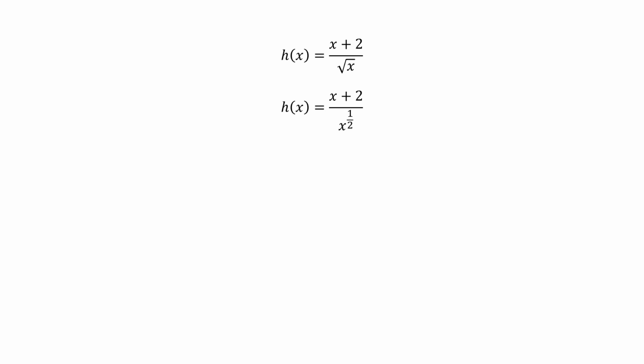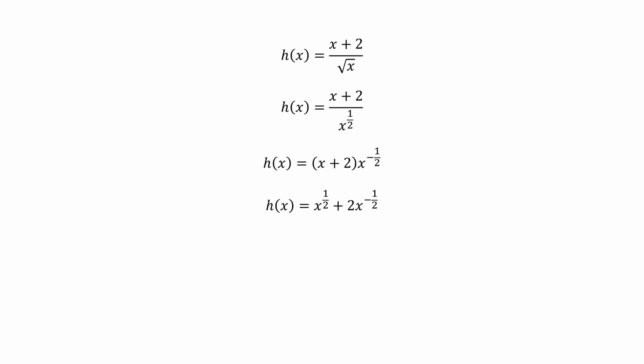We now want to rewrite the denominator using negative exponents, which gives us h of x equals (x plus 2) times x to the minus 1/2. Distributing the x to the minus 1/2 term gives us h of x equals x to the 1/2 plus 2x to the minus 1/2.